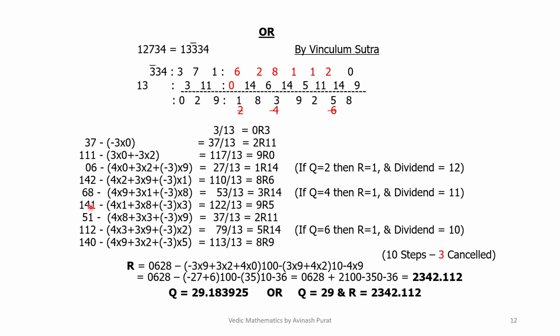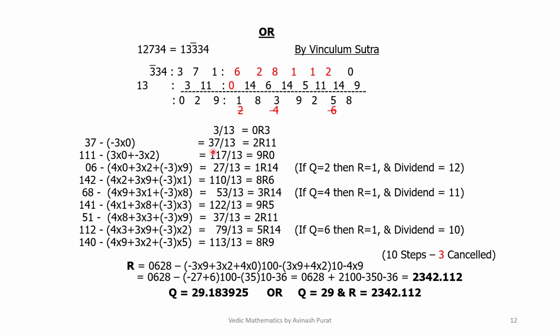So obviously minus would go to minus. So 141 minus 4 into 1 plus 3 into 8 minus 3 plus minus 3 into 3, that is 122 divided by 13 equal to 9 and remainder is 5.